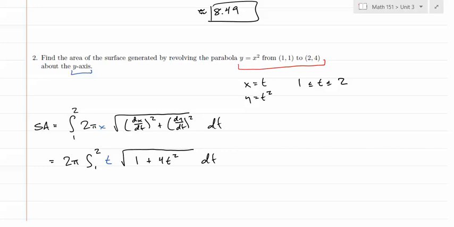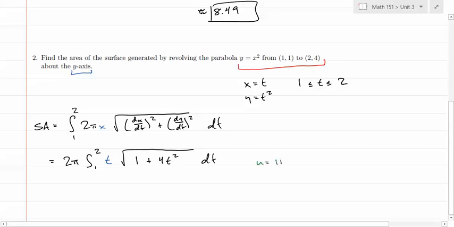How are we going to do it? Well, this one's actually pretty doable by hand. You could do a u substitution. You could let u be the thing under the square root. Then du would be 8t dt. So t dt would be 1/8 du, which works out perfect because there's your t dt.